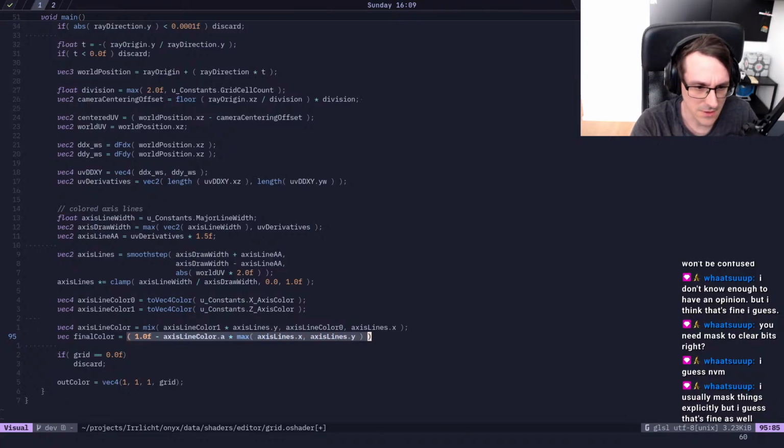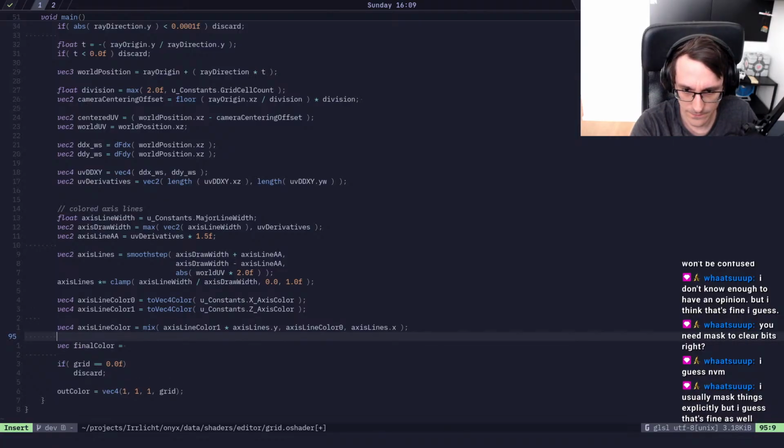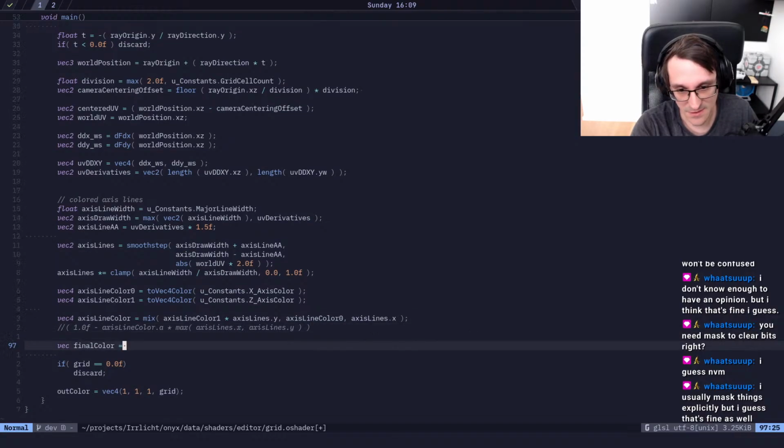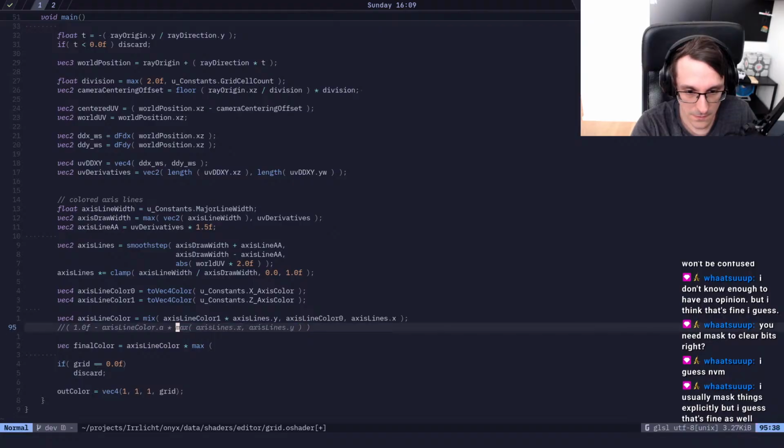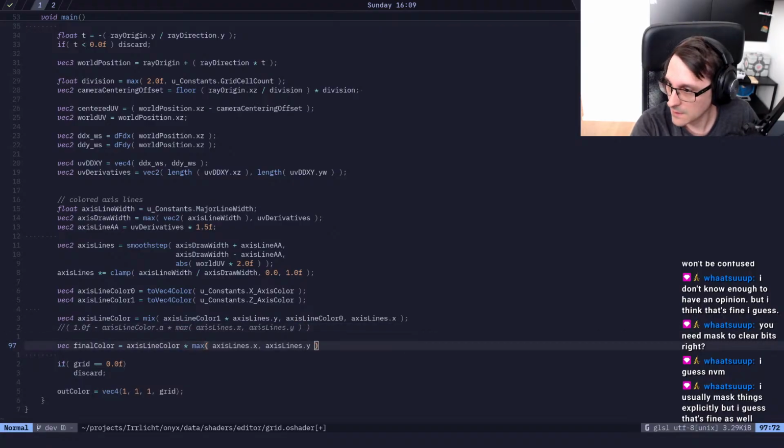I think I don't need that yet, sorry. That's when we have the other grid lines. I think we don't need that for now. Non-axis color times max of where of that. I think. Yeah.